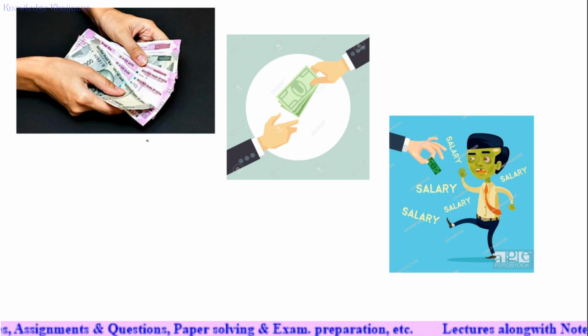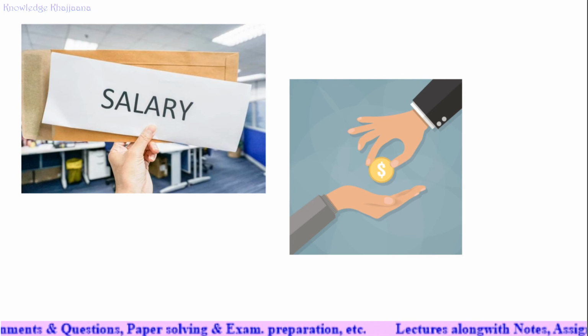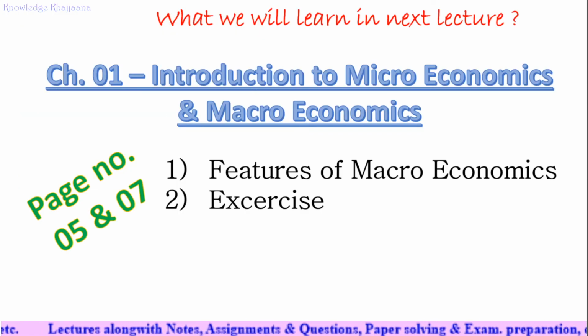Rent is given to the land, wages are given to the labor, salaries are given to the employees, and profit is given to the entrepreneur. So this was the fourth theory.